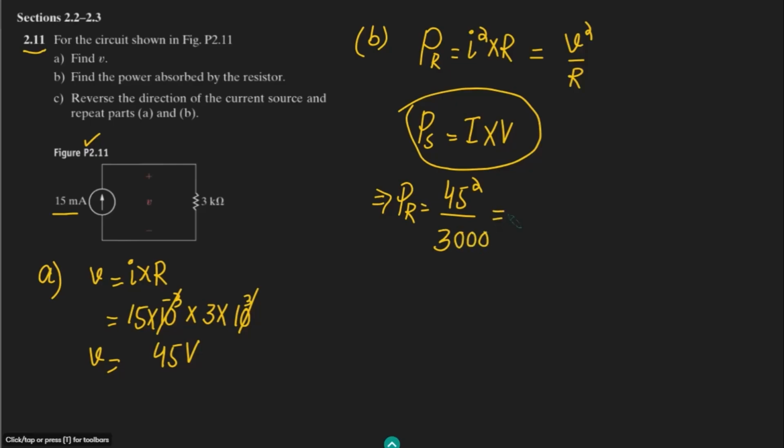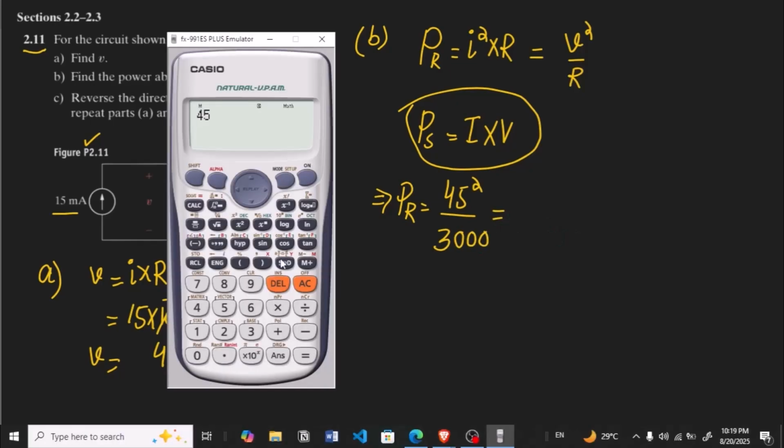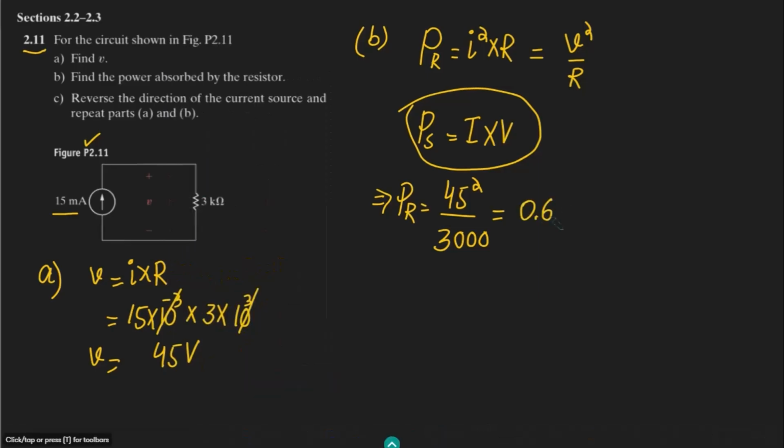Let me find it out. 45 square is 2025, divided by 3000, so that is 0.675. That is the answer, or we can also write it in terms of milliwatt. So it would be 675 milliwatt. That is the solution of part B.